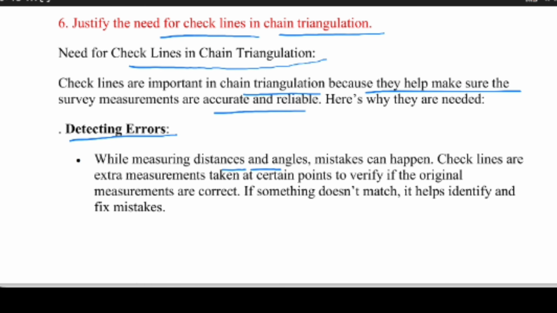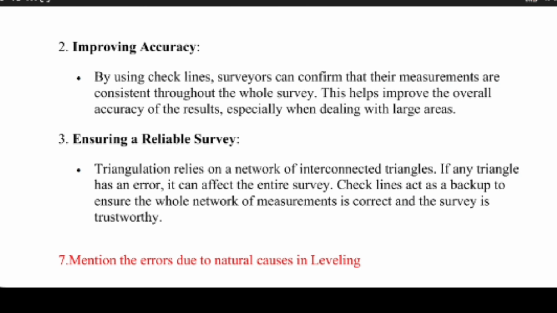While measuring distances and angles, mistakes will happen. Checklines are extra measurements taken to verify the original measurements as correct. If they do not match, it helps you identify the mistakes. Next, improving accuracy.